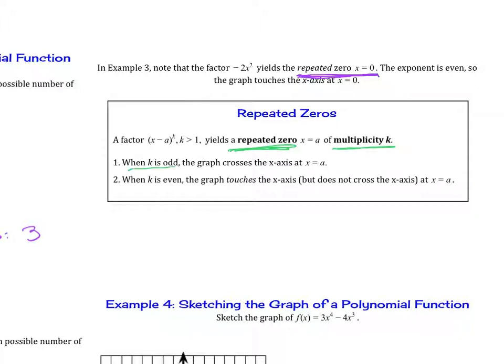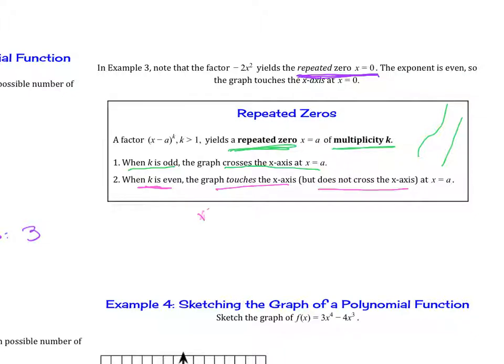When k is odd, the graph crosses the x-axis at x equals a. Think about when you have an x cubed or just an x, it passes through. Then if k is even, the graph touches the x-axis but does not cross it. So it bounces off of it at that point.